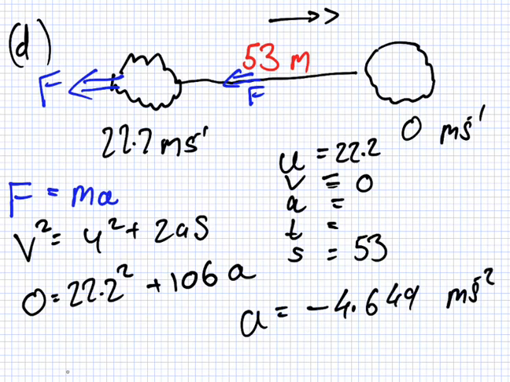Alright, so now the F would just be the mass multiplied by this number. What was the mass? It was 34,600, times 4.649.